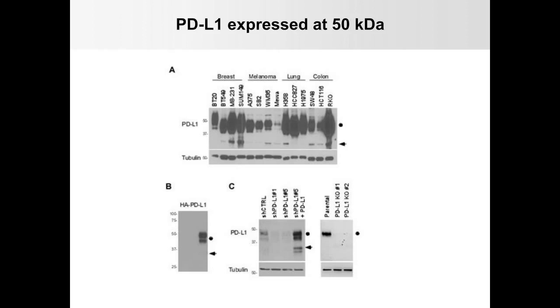In this experiment, we cloned the 33 kilodalton PD-L1, and we expressed this protein in 293 cells. We found out, again, there is no 33 kilodalton protein expression on the Western blot. Instead, there is a 50 kilodalton molecular weight PD-L1 expression.